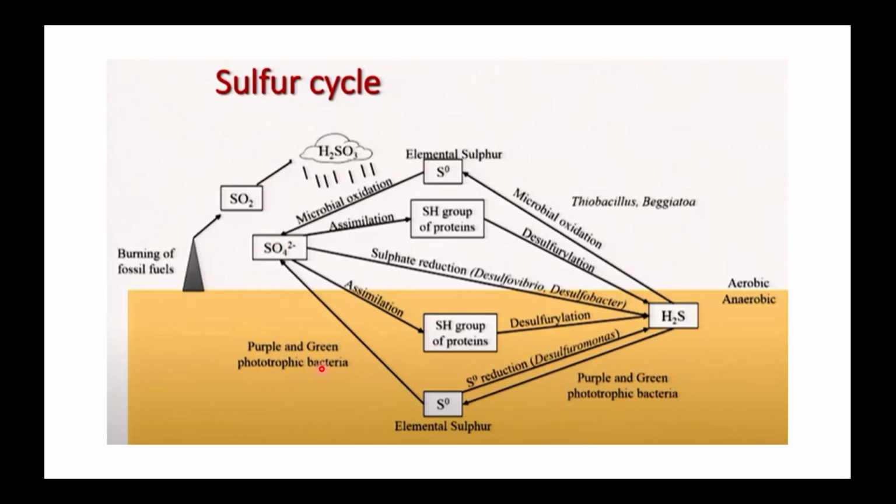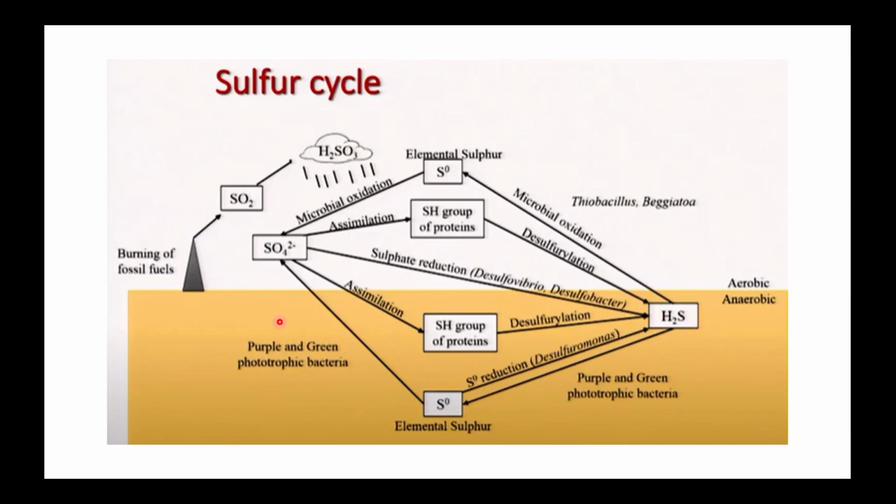Remember, we have talked about these purple and green sulfur bacteria that can use the elemental sulfur and oxidize it into sulfate. These are anoxygenic bacteria. They can do the oxidation in the absence of oxygen, and they can also oxidize H2S into elemental sulfur.